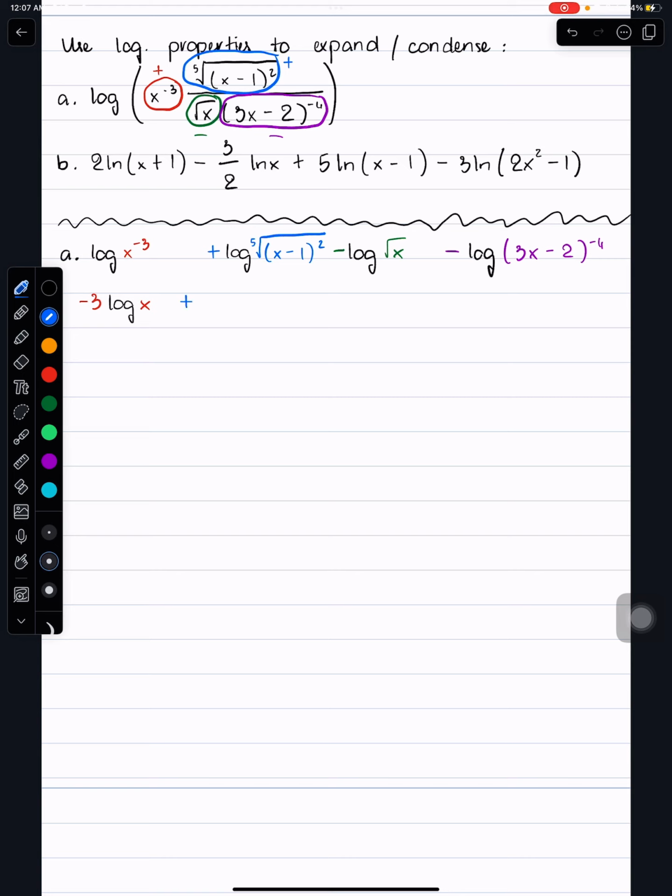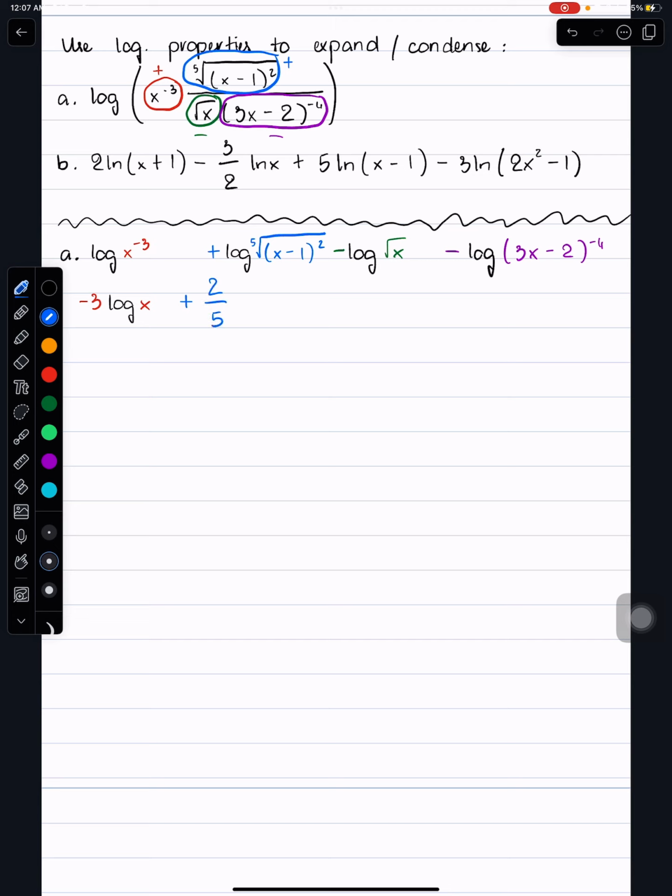And the reason is that you have to keep in mind the inside out law, or the rule. Okay? So how do we handle the roots? We're going to take the power on the inside of the root divided by the power of the root on the outside. So inside I'm seeing a 2, and on the outside of the root I'm seeing a 5. So inside out, I'm going to do 2 over 5 for the root.